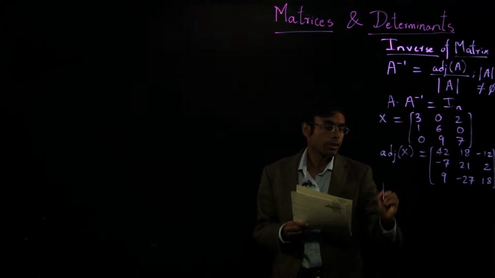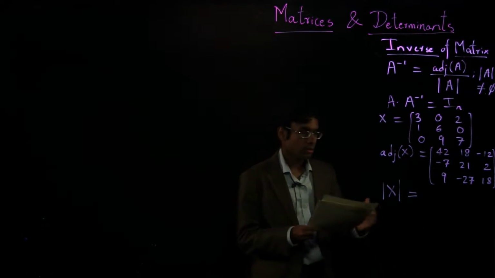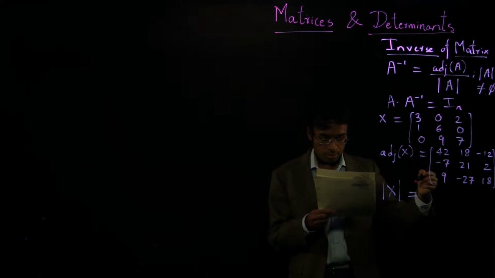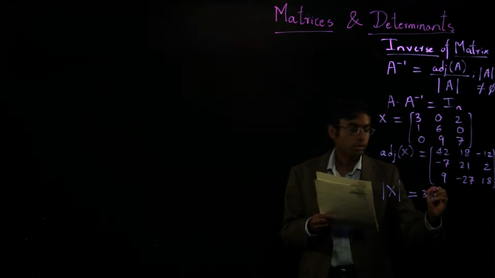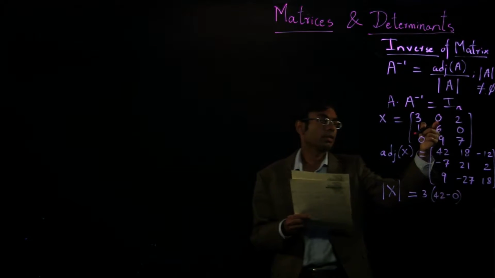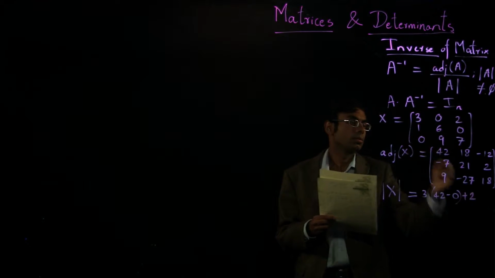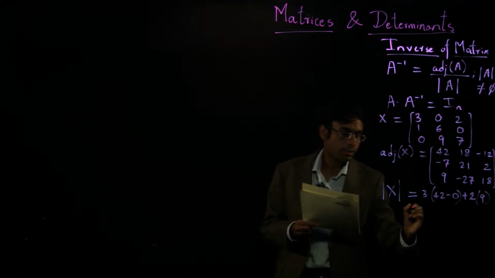You can also find out the value of the determinant. Expanding by the first row, that would be 3 times 42 minus 0, minus 0. The second term of the expansion is 0, plus 2 times simply 9, equals 144.